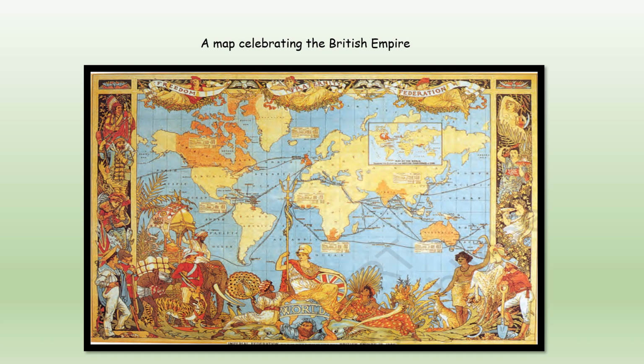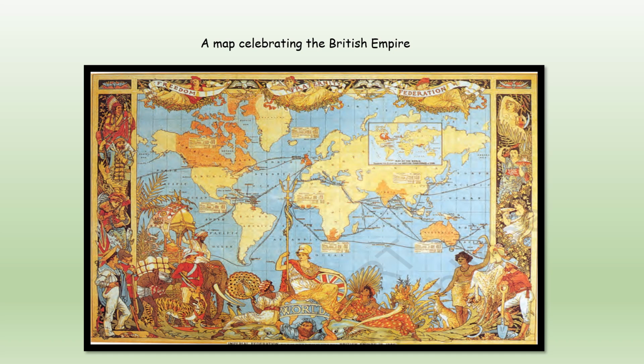On the top we see angels carrying a banner of freedom. Down below we see Britannia, sitting on the globe, a symbol of the British nation, having countries under its control throughout the world.